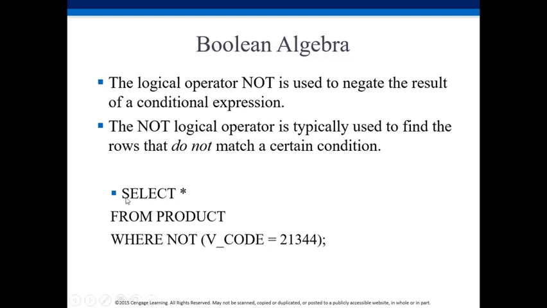For example, select all from product where NOT, and the condition is V code equal to 21344, placed outside the NOT. So only products whose V code is not 21344 will be included. It's almost the same as not equal, actually.